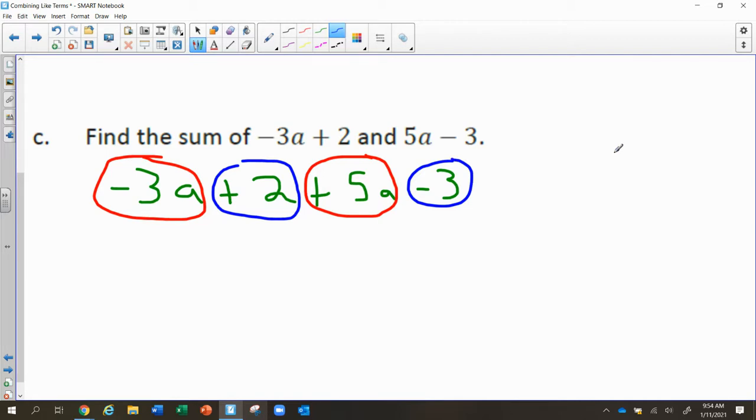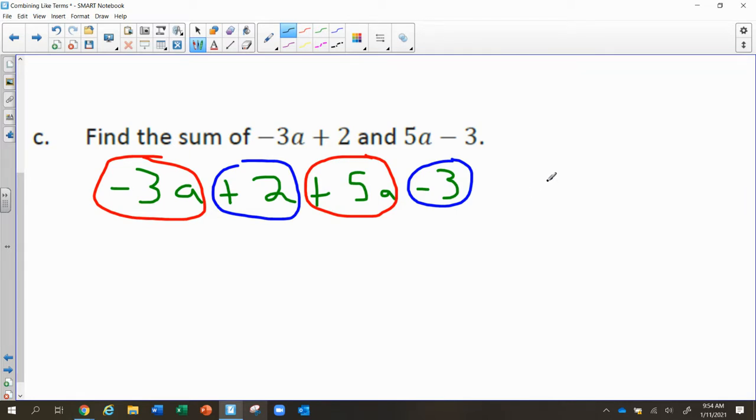So now I have to remember what we did at the beginning of the year with adding and subtracting integers. Well, I have negative 3 plus 5. Well, I can actually use apples because it's an A. So say, okay, I owed somebody 3 apples. I got 5 more. So if I got 3 of those away, how many are left? Well, there should be 2. I'm going to also just remember I can use my pluses and minuses.